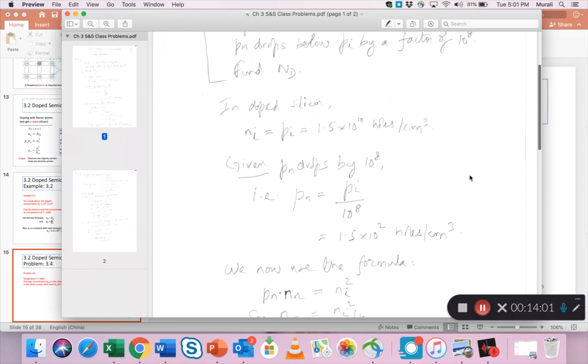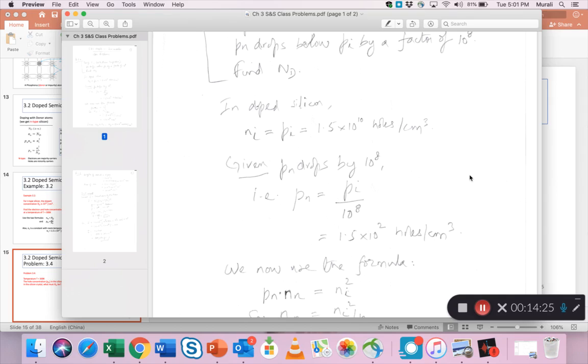We used this previously. Remember, this is the intrinsic value, not doped, and they are equal. Now given p_n drops by 10 to the power 8, what that means is the new hole density equals the old hole density, the intrinsic density, divided by 10 to the power 8.